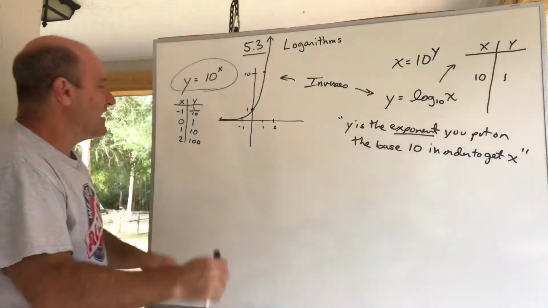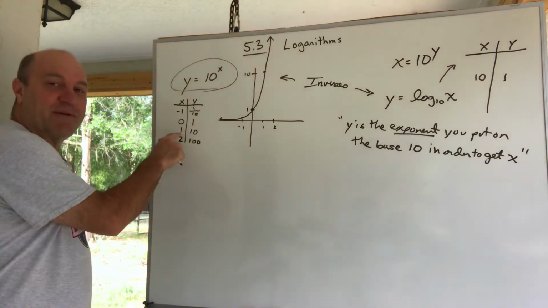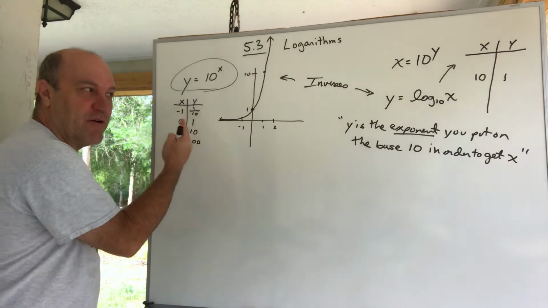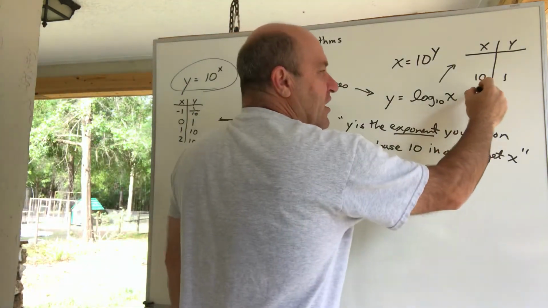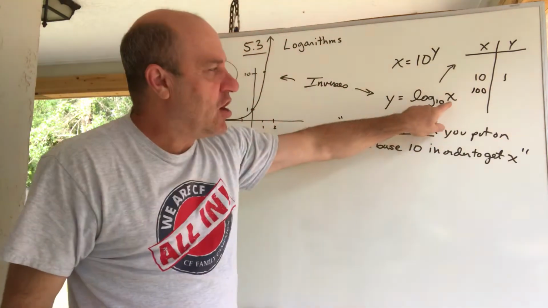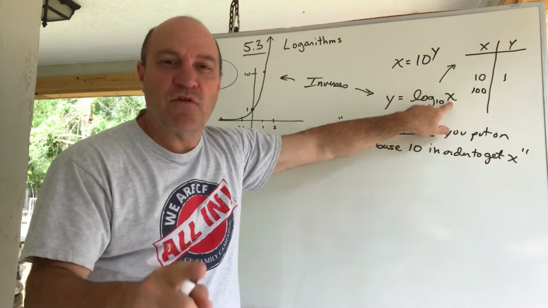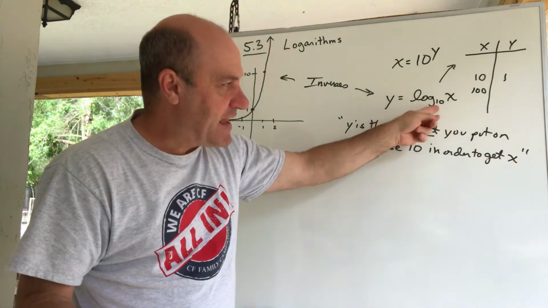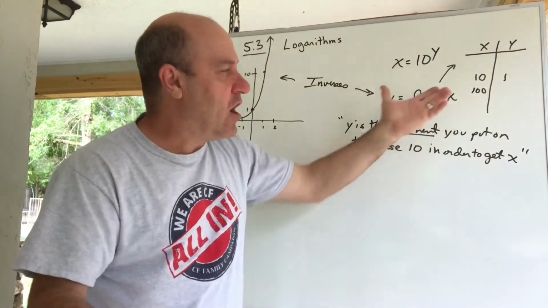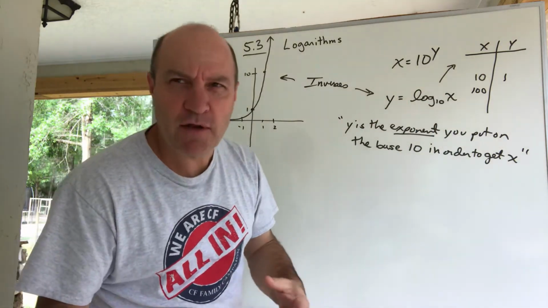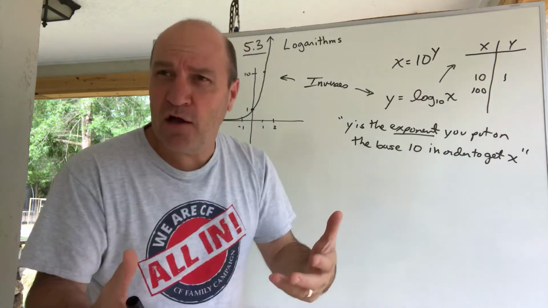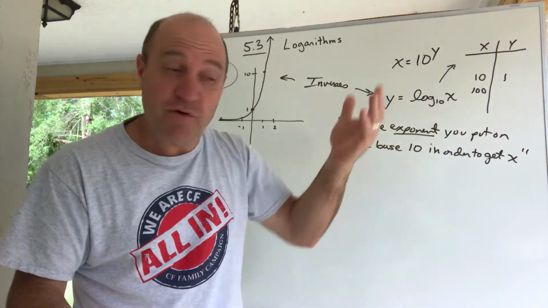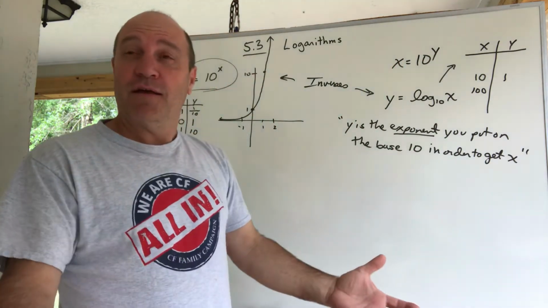By the way, that's this ordered pair reversed. What if you plug in 100 for x? I'm looking for the exponent that you put on 10 in order to get 100. It doesn't take long. When you say that to yourself, the answer is 2.